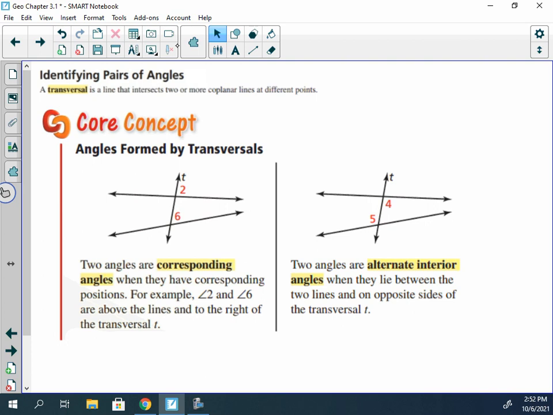Alternate interior angles. Well, if we look at this here, 4 and 5 are both inside, yes, interior between the two lines. And alternate means opposite. So 4 and 5 are between the two lines and on opposite sides of the transversal, yes? So they're alternate interior. And that's it.